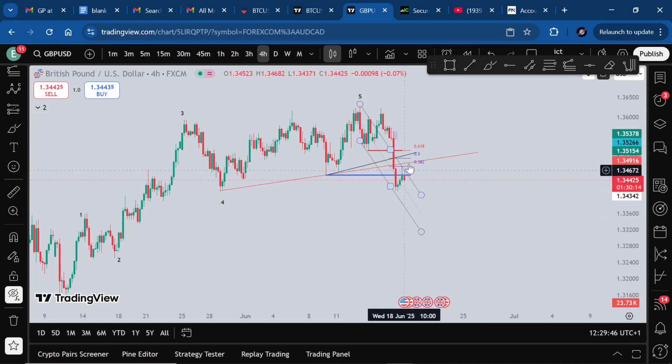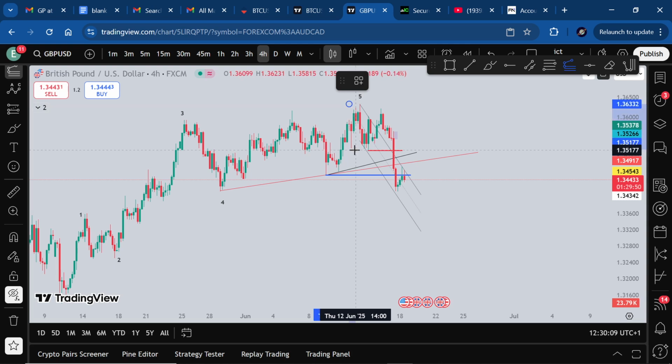So currently looking at this, potentially a 1 and a 2, potentially we're in a 3. So we could go 1, 2, 3 of our 3, 4, and then 5. 4 may or may not be finished, but same as what we did with the EURUSD, we can put the Fibonacci extension on here.